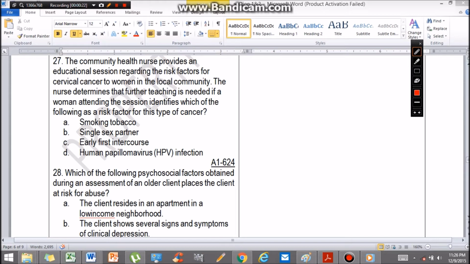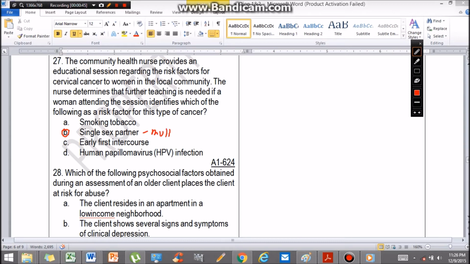What's being asked here is a need for further teaching, so we're looking for a negative statement. All of these are risk factors of cervical cancer except one, so this is the answer.